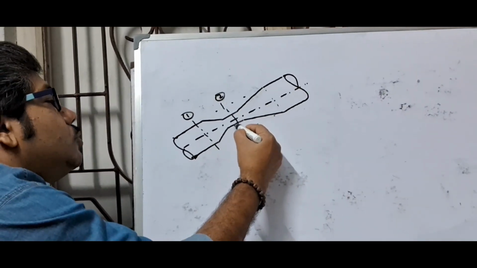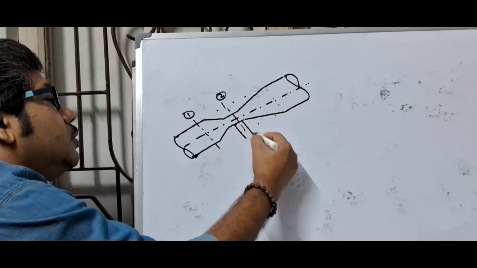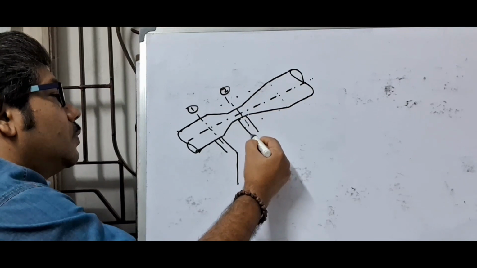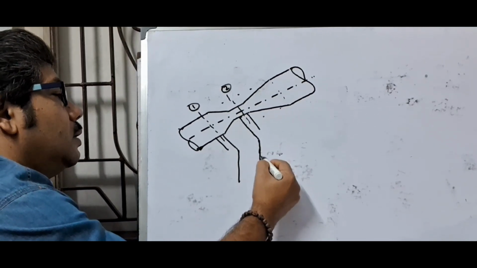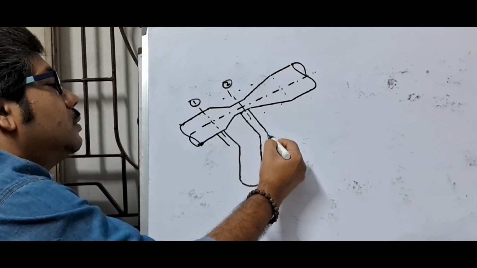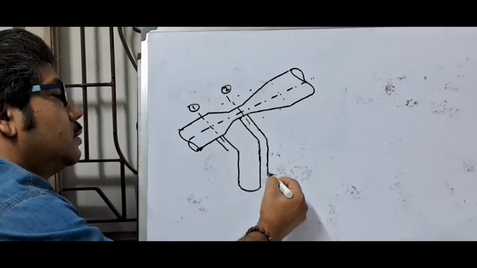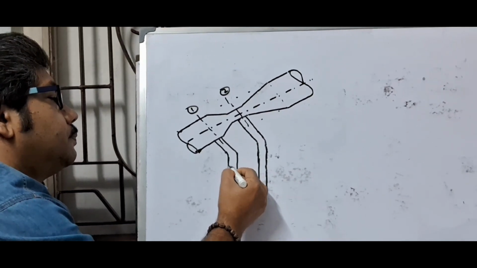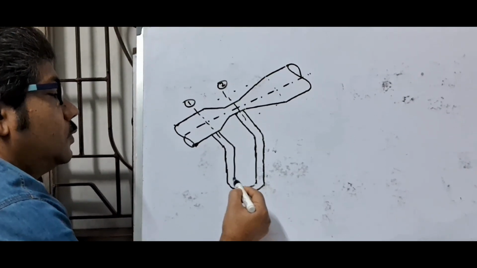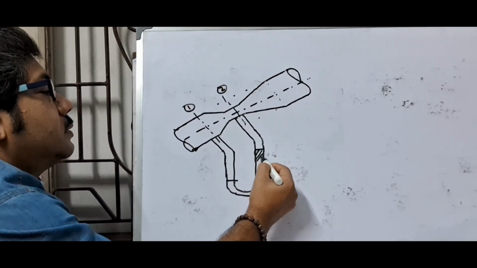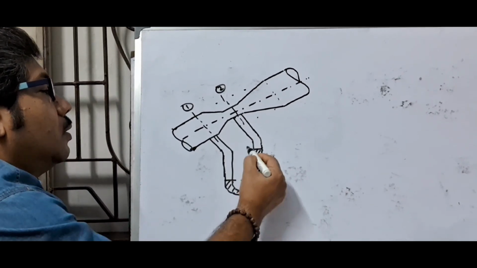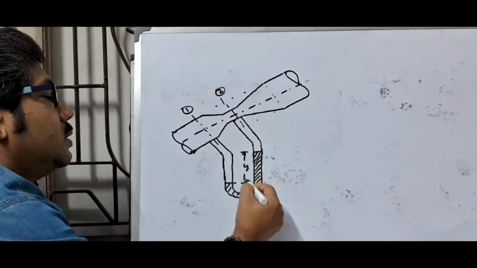Now a U-tube manometer is fitted between 1 and 2 section, and this is deflection Y for mercury manometer.